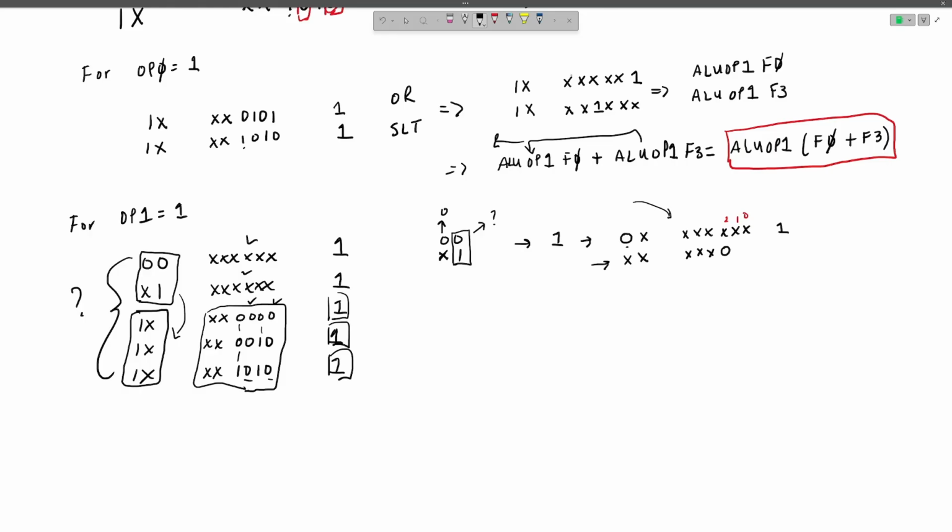I care if it's a 0, then don't care, and that's a 1. So it seems we were able to simplify our huge equation into ALUOp 1 inverted OR F2 inverted. Thus, OP1 is equal to ALUOp 1 inverted OR F2.